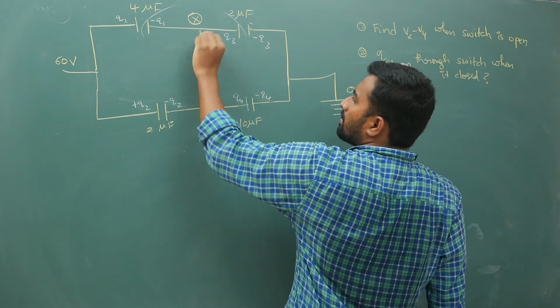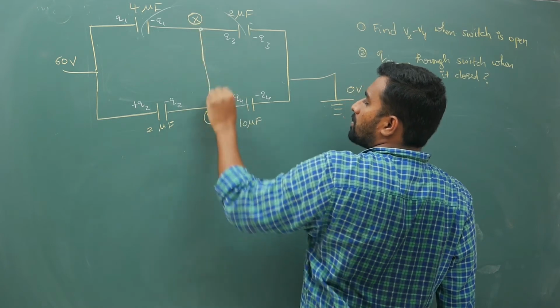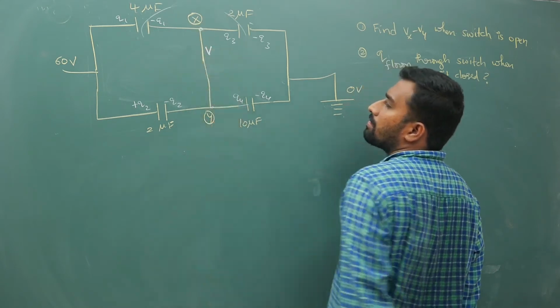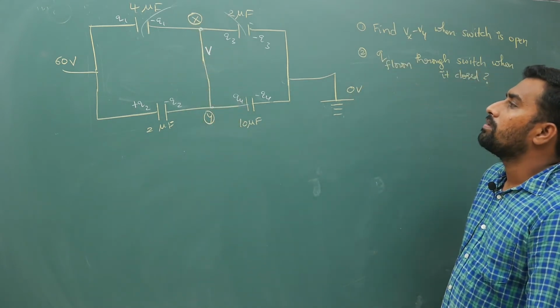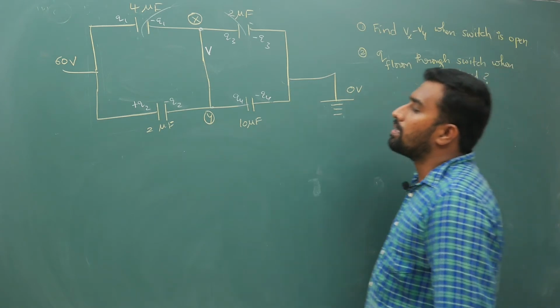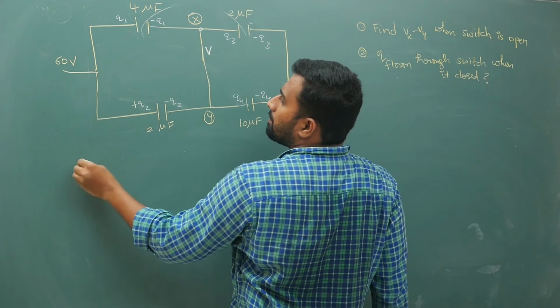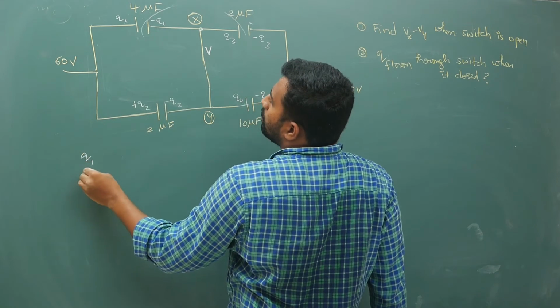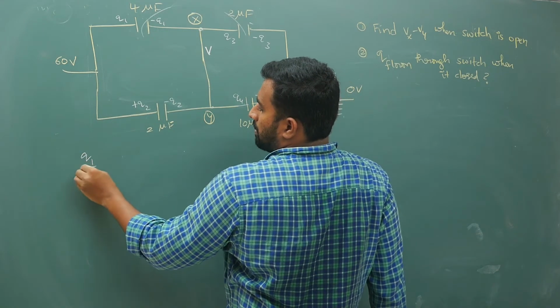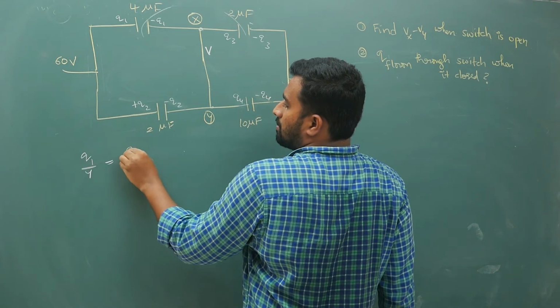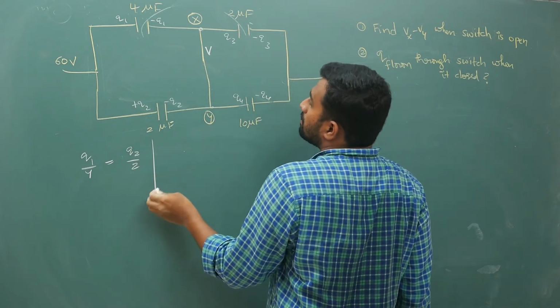Let us say the common potential is some V here. Now we know that, because these two are in parallel, q1 by 4 is equal to q2 by 2.